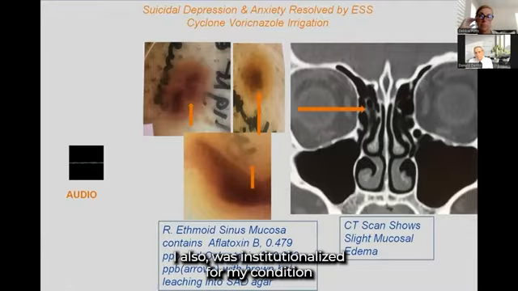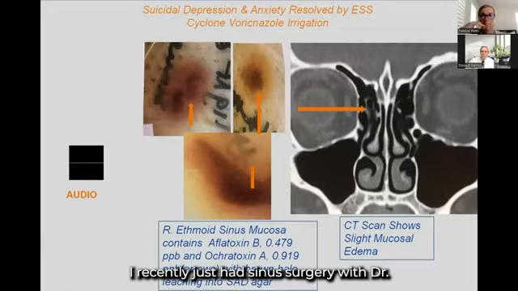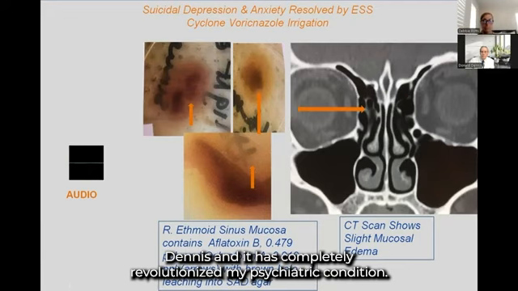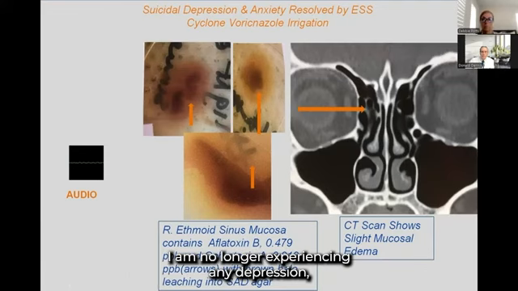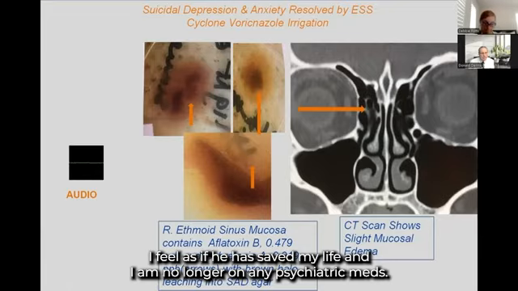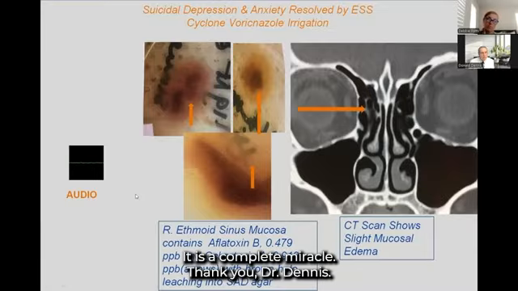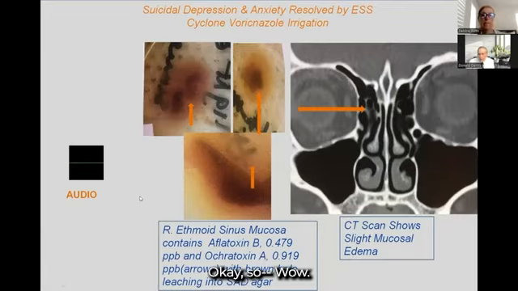I also was institutionalized for my condition, and I was considered to be treatment resistant. I recently just had sinus surgery with Dr. Dennis, and it has completely revolutionized my psychiatric condition. I am no longer experiencing any depression, nor the extreme anxiety. I feel as if he has saved my life, and I am no longer on any psychiatric meds. It is a complete miracle. Thank you, Dr. Dennis.